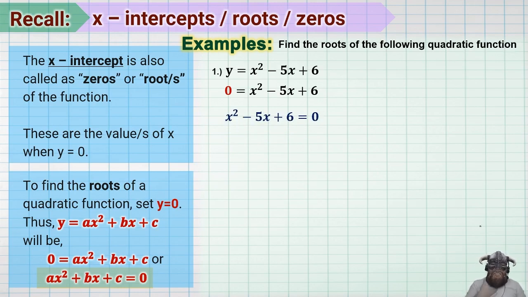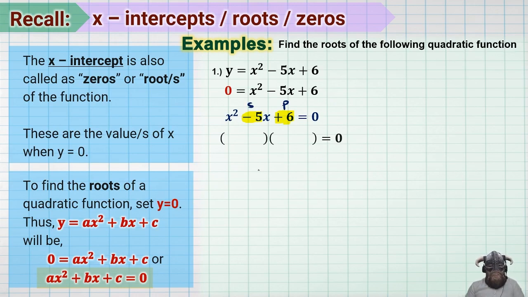From this, we will use factoring to find the factors of this quadratic equation. What are the two numbers that, if we multiply, will have a product of positive 6 and a sum of negative 5? The clue here is that 6 is positive and the sum is negative.